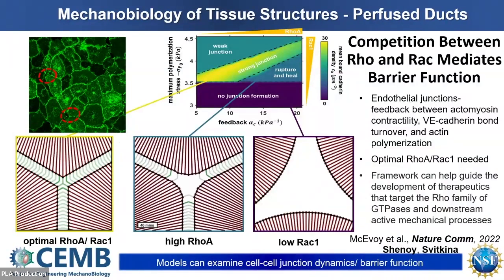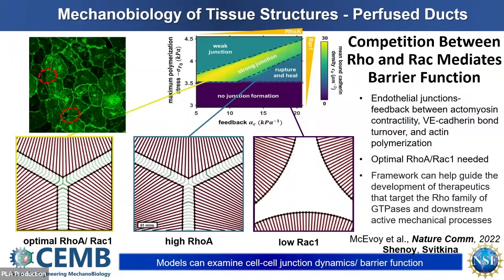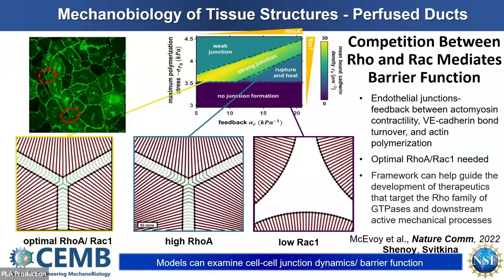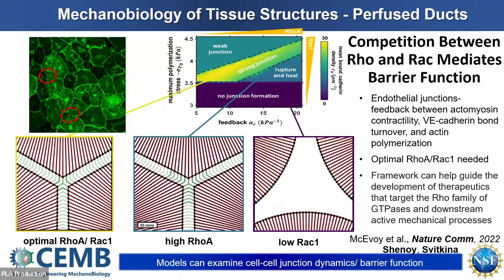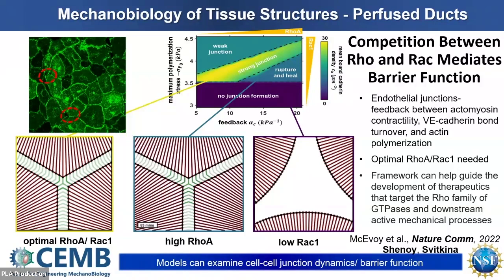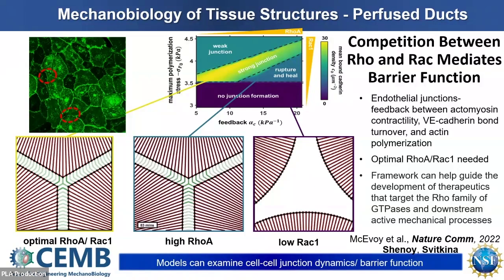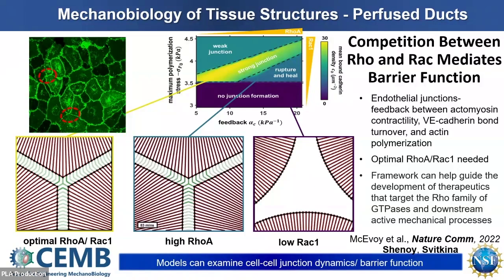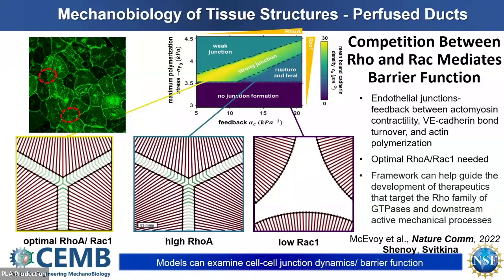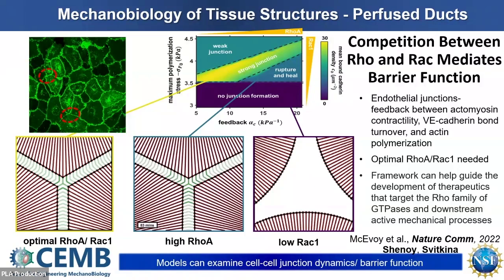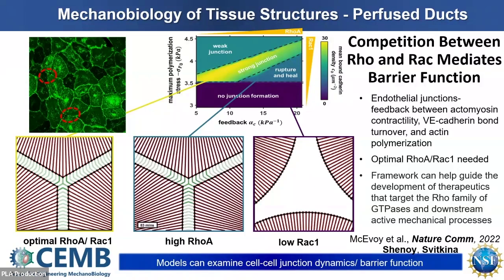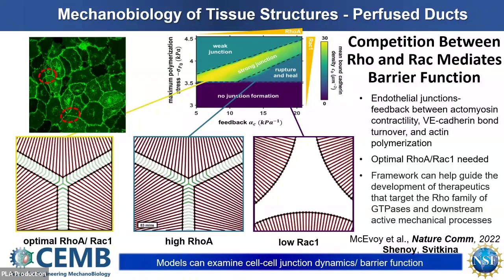Some computational models, and again, Vivek Shenoy and others looked at here what the effect is here in this barrier function, understanding then the competition, right, between some of the signaling molecules that go on between RhoA and RhoC. And so really those endothelial junctions, there's a strong cadherin interaction or tension that goes on. And the accompanying signaling is important to analyze.